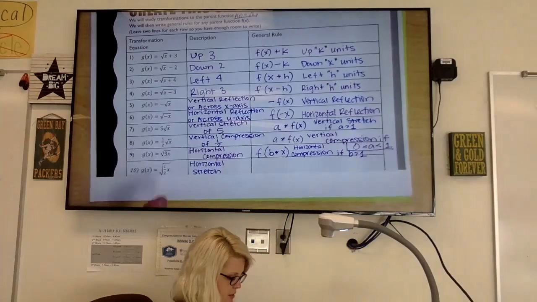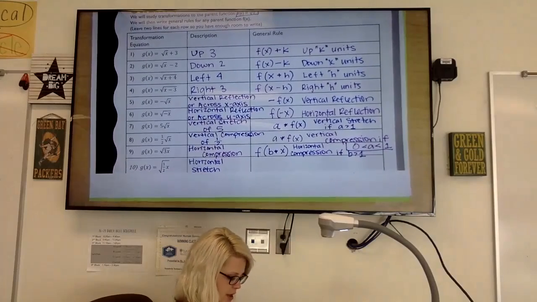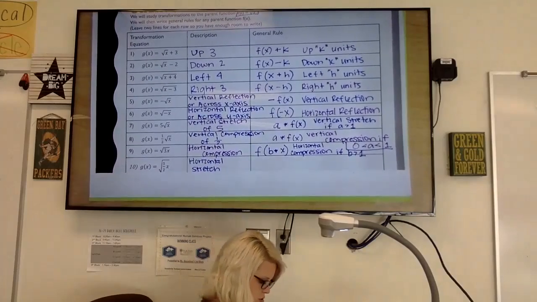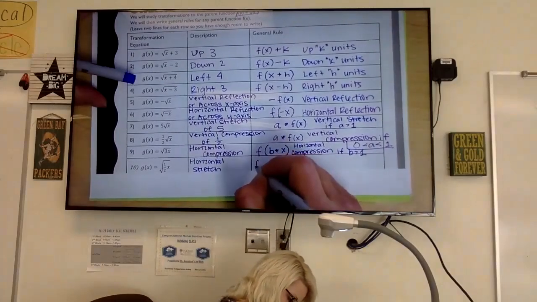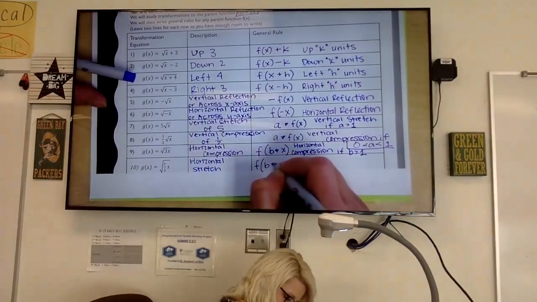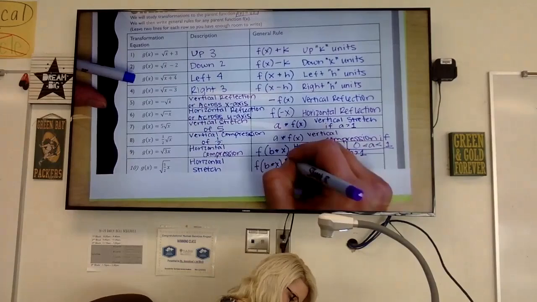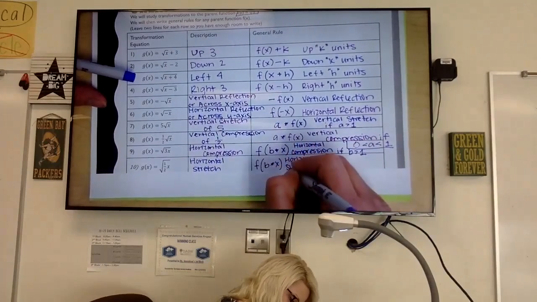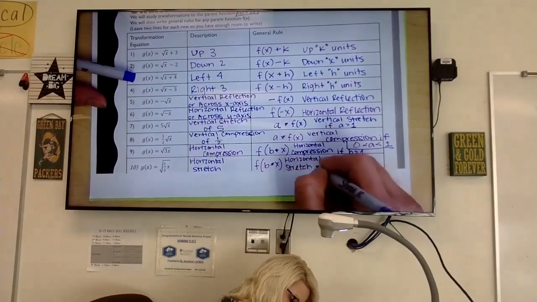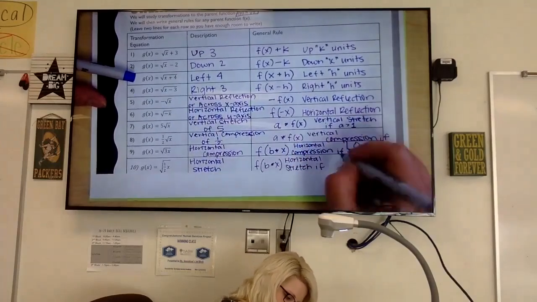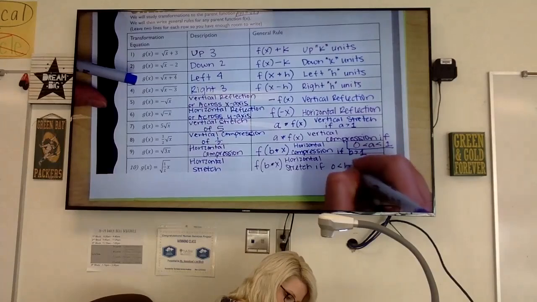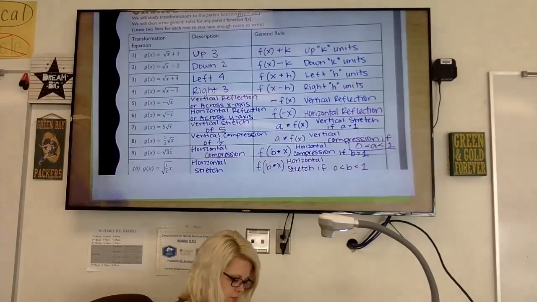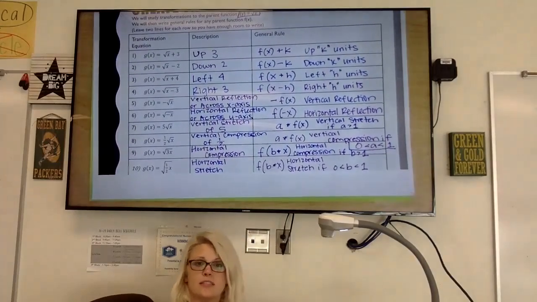If that b value is less than 1, it will be a stretch. So we can say f of b times x again will represent a stretch if that number inside is less than 1, or technically between 0 and 1. So we're done with our chart.